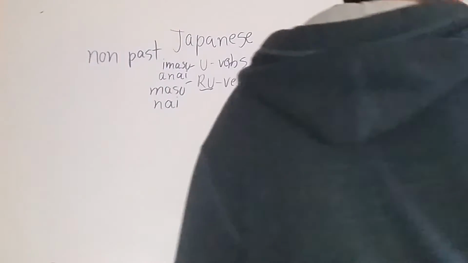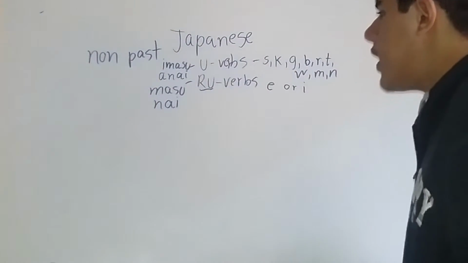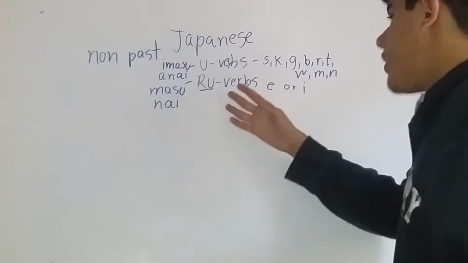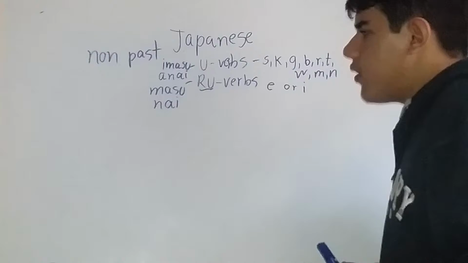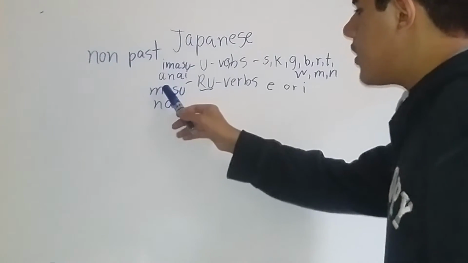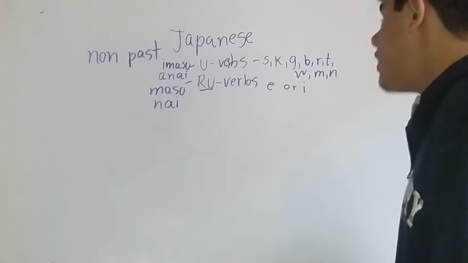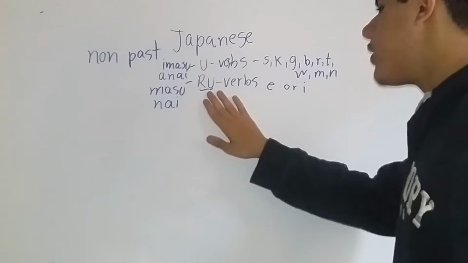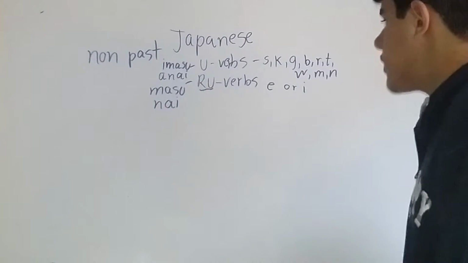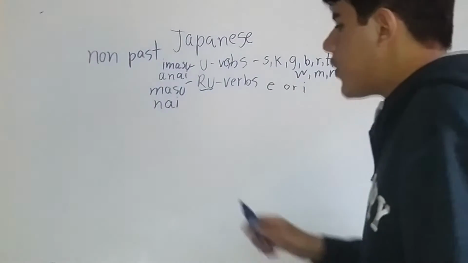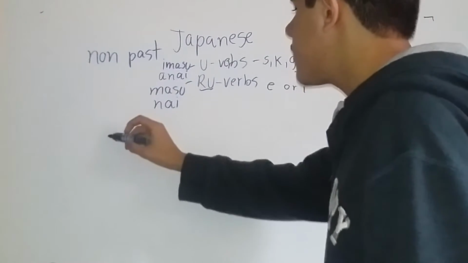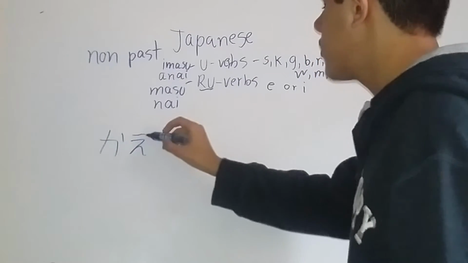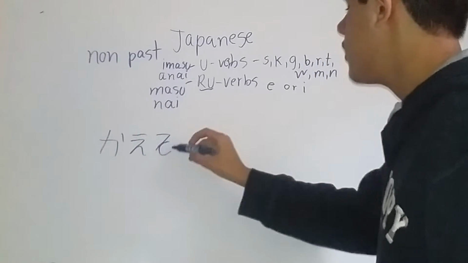So let's continue to the second part. Let's talk right now about the ru verbs. When we talk about the ru verbs, first of all, they can end in masu or nai, and we take the ru part from the verb to conjugate it. So, for example, we have the verb kaeru.